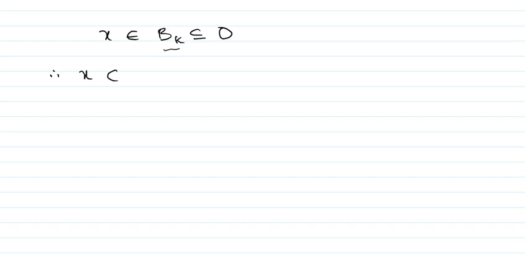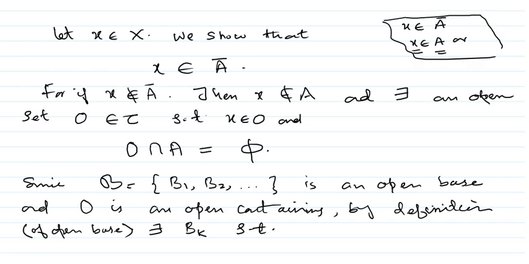So what does it mean? Let's see here first. Every point of bk is in O, okay. bk is a subset of O, and this A contains, okay, let's put it like this also.